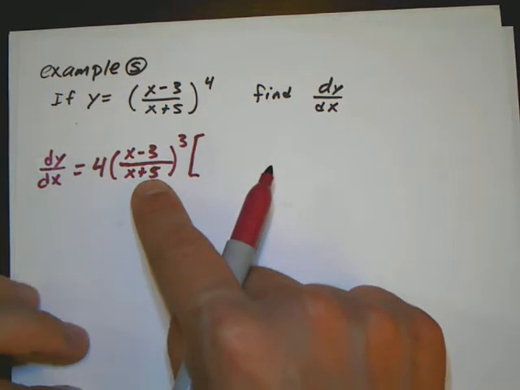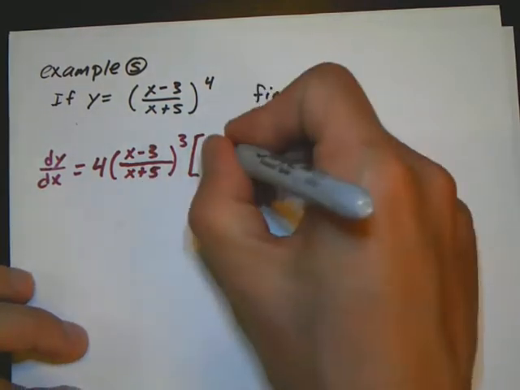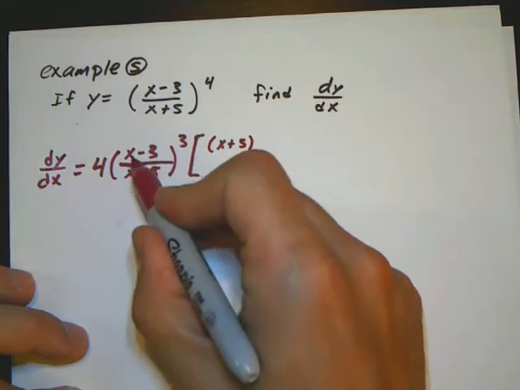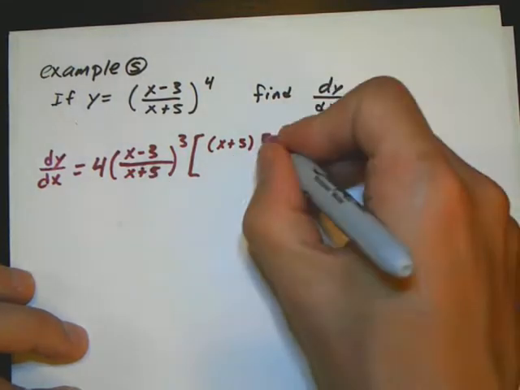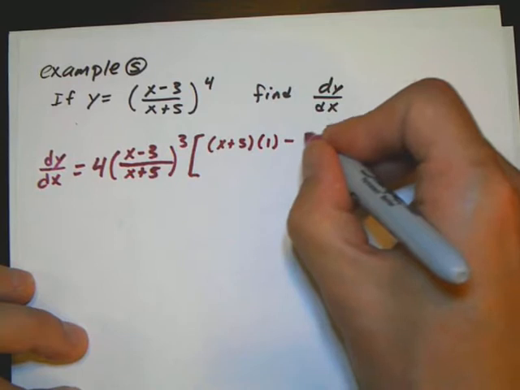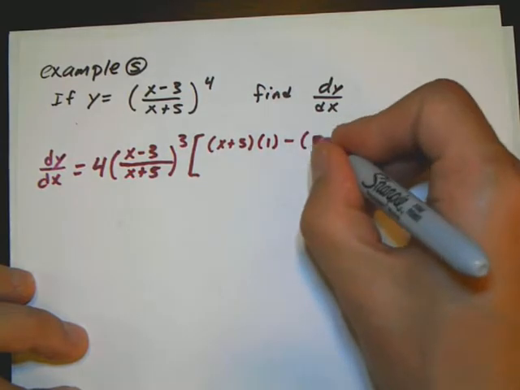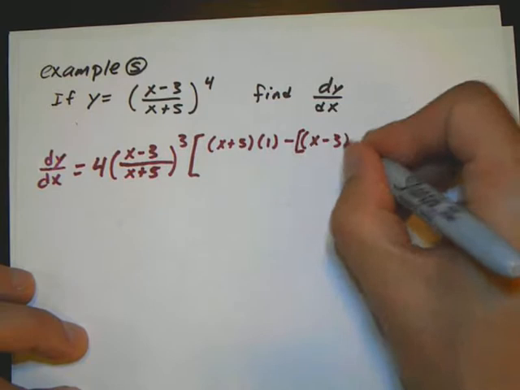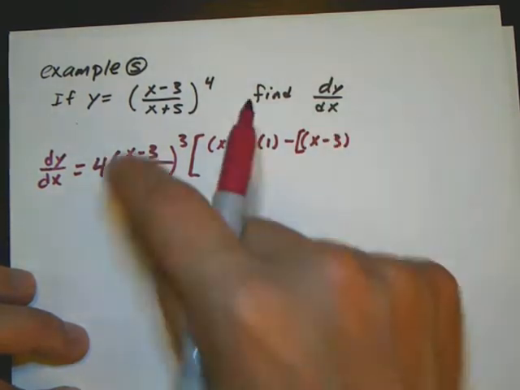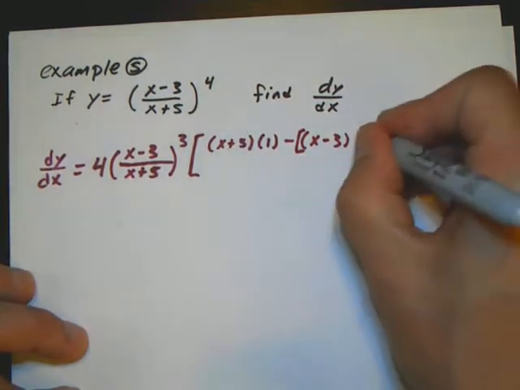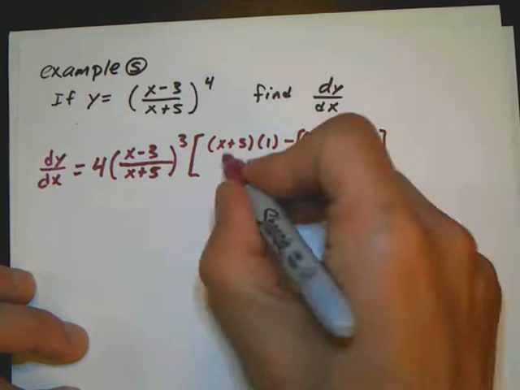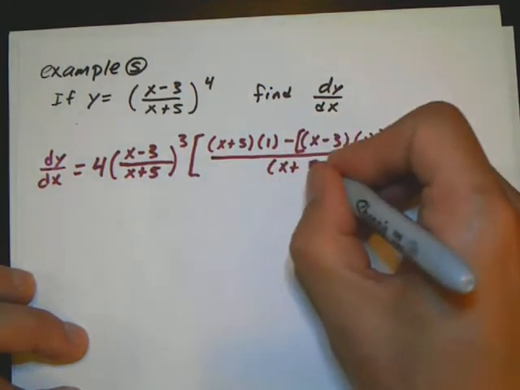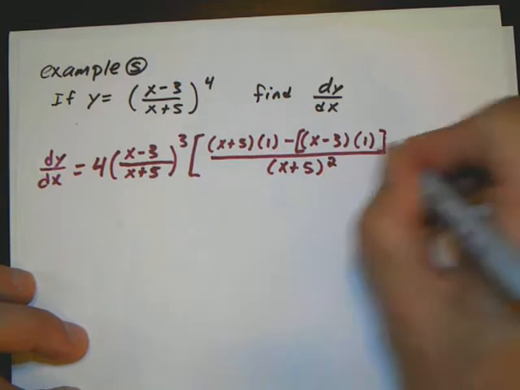So this derivative is going to be down d, x plus 5, times up d prime, so the numerator, the derivative of that is going to be a 1, minus up d, so x minus 3, times the derivative of the denominator, which is going to be a 1, all over the denominator squared, x plus 5 quantity squared.